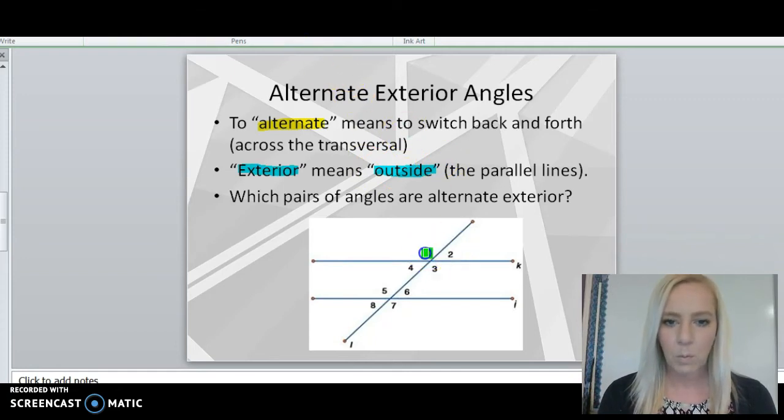So for example, 1 and 7 alternate along the transversal, and it's outside the parallel lines. Angle 2 and angle 8 are alternating outside of the parallel lines. So they are alternate exterior angles.